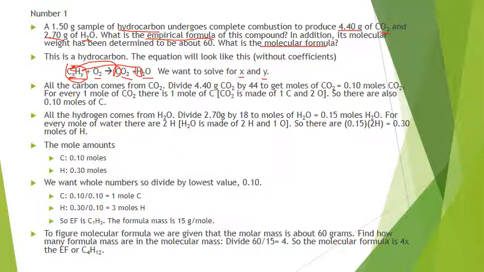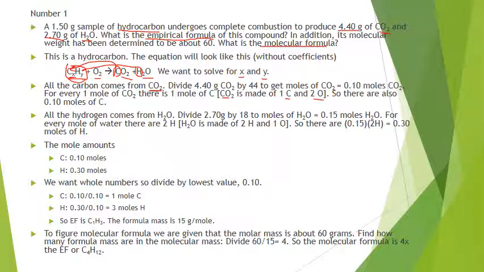If we can find out how many moles of CO2 are formed, we know that for every one carbon dioxide there's one carbon, because carbon dioxide is made of a carbon and two oxygens. So all the carbon comes from carbon dioxide.